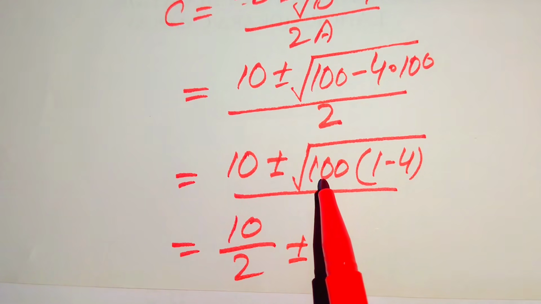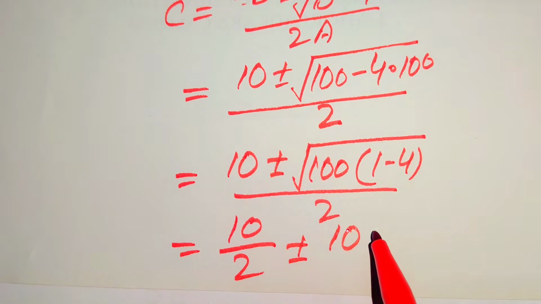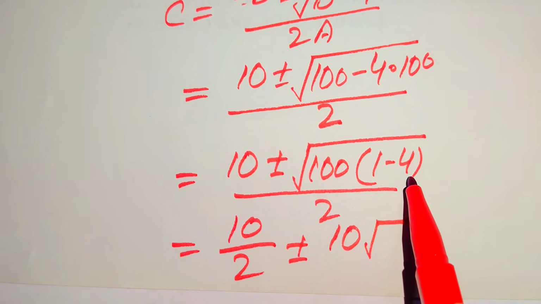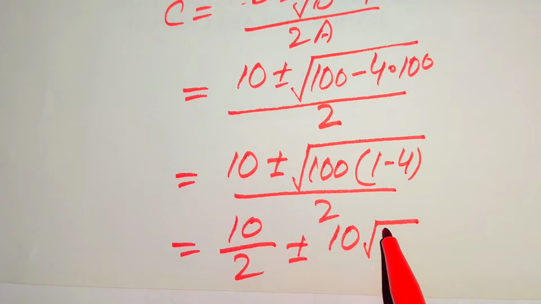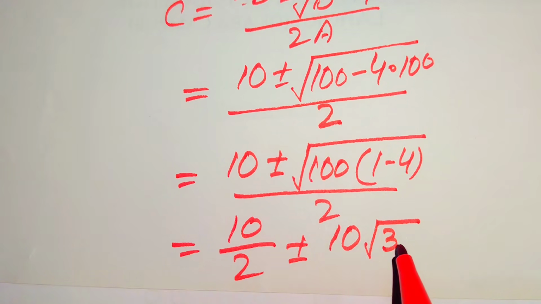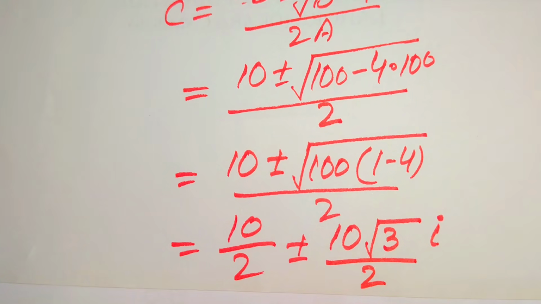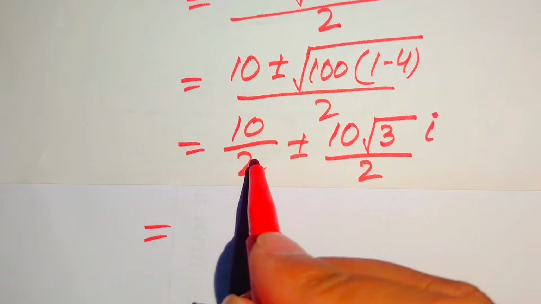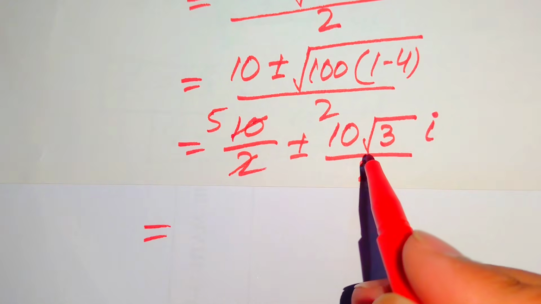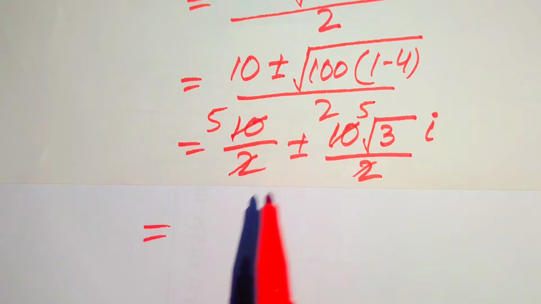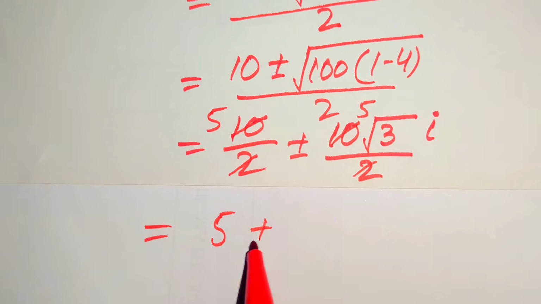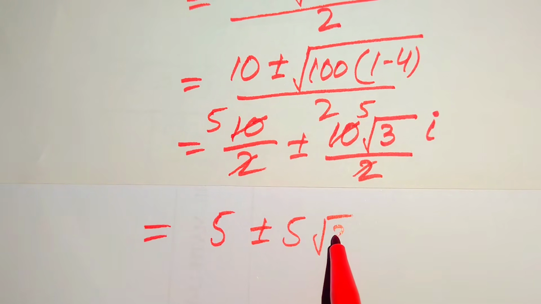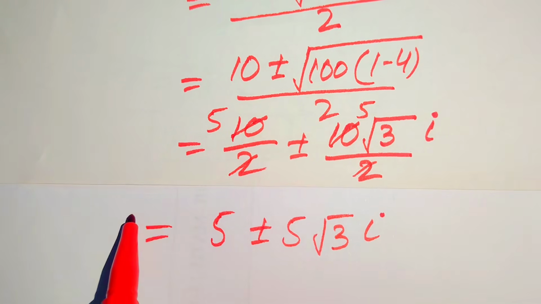Here you know that the square root of 100 becomes 10 times the square root of 1 minus 4, which is minus 3, and we write the square root of minus 3 as square root of 3 into iota, divided by 2. And now we need a little more simplification: 2 5s are 10, and this is again 2 5s are 10. So we get here 5 plus minus 5 times square root of 3 into iota.